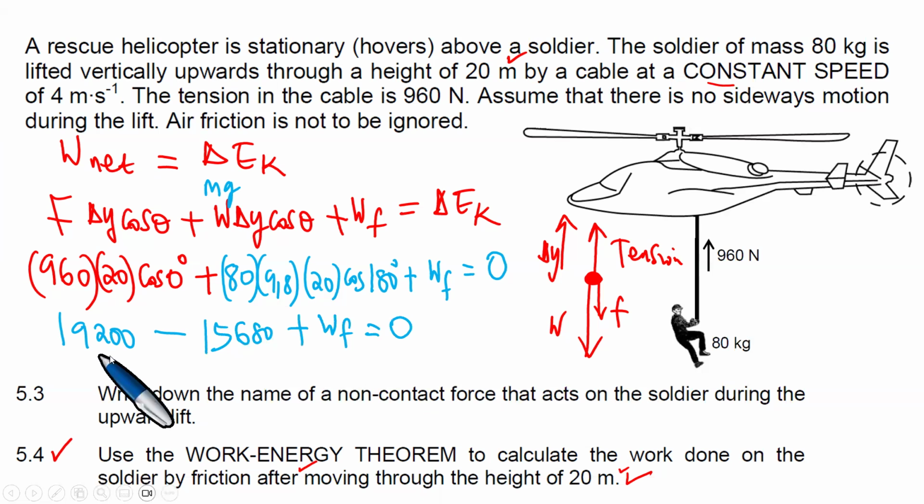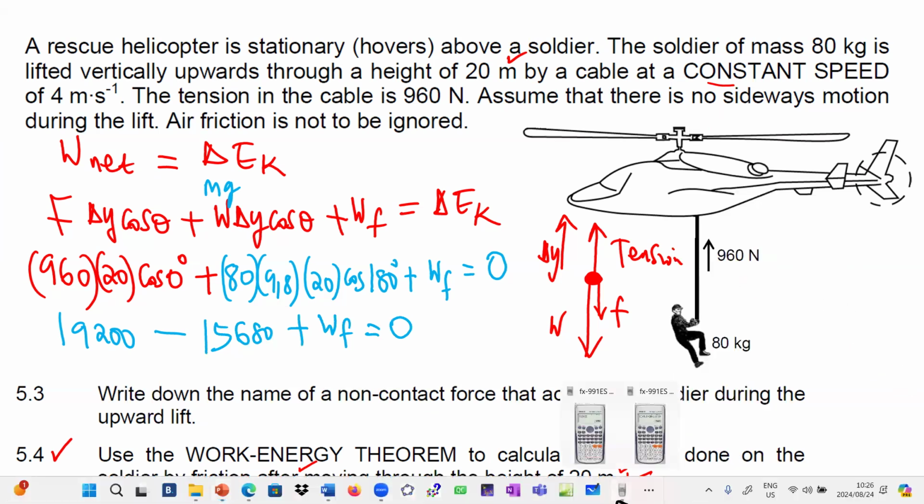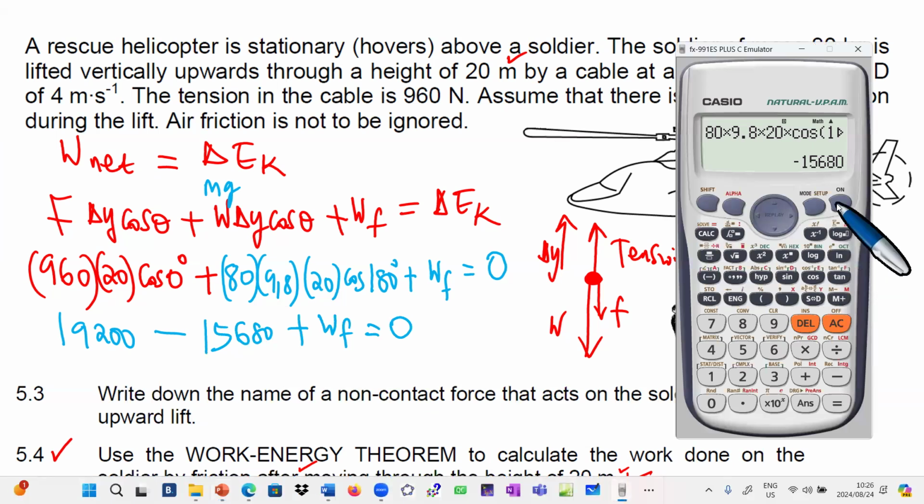Now we're going to do the 19,200 minus 15,680. Let us perform the calculation here. 19,200 minus 15,680.